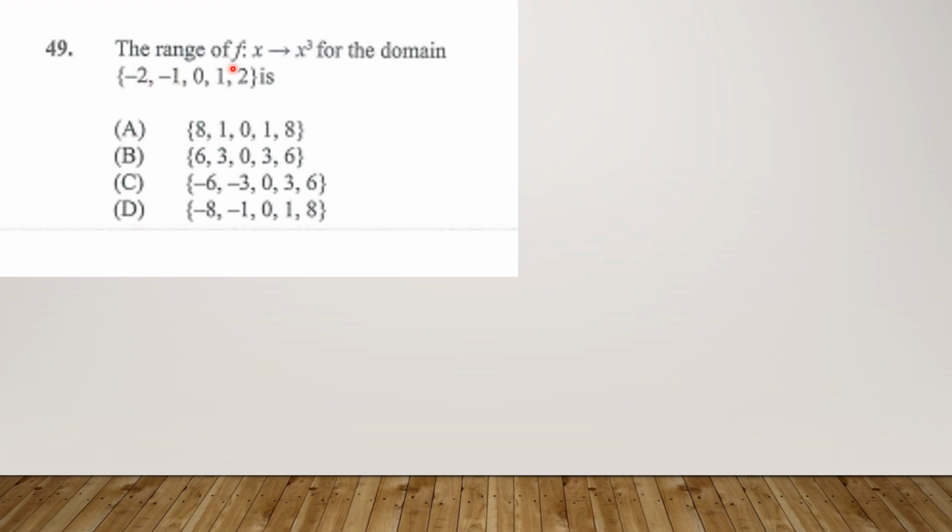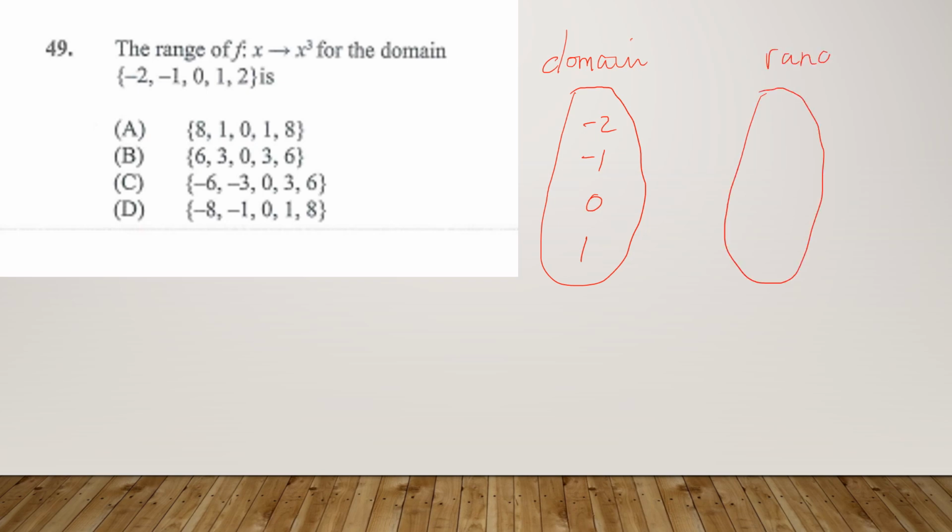Question 49. The range of f of x is x to the third power for the domain -2, -1, 0, 1, 2 is, so you want to know the range. So the domain, using the arrow diagram, is -2, -1, 0, 1, and we want to know the range, which are the y values. So we're going to substitute for x to the third.